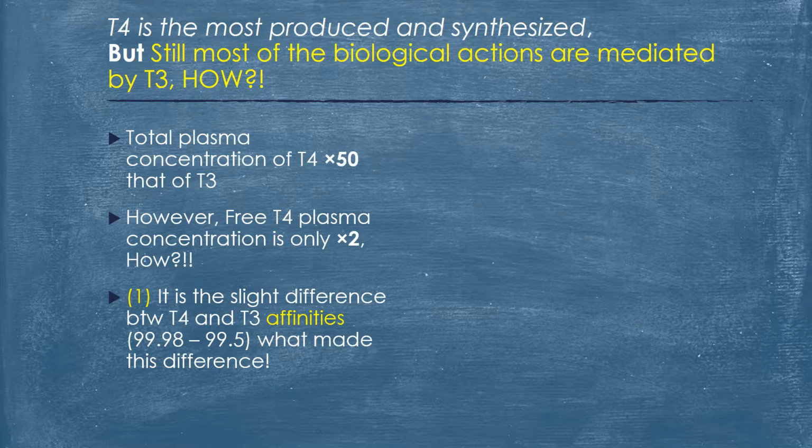We've said that these plasma proteins have more affinity for T4 than T3. And this slight difference in affinities is what actually made this difference. What made it go from 50-fold into 2-fold only? So this is one reason for T3 having the most biological actions.